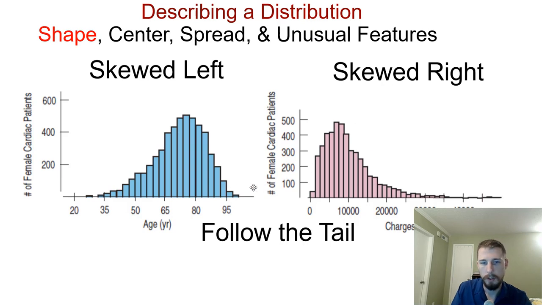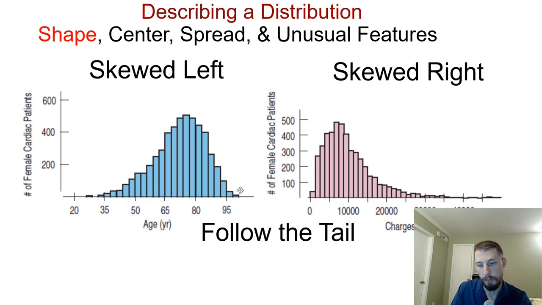But they are skewed. This is looking at the number of female cardiac patients for a heart attack or something like that. If we're looking at their age, as we would expect, most of the female cardiac heart attack patients are going to be in their 70s or late 60s or young 80s. But you are going to have some that have those issues when they're really young, in their 30s.